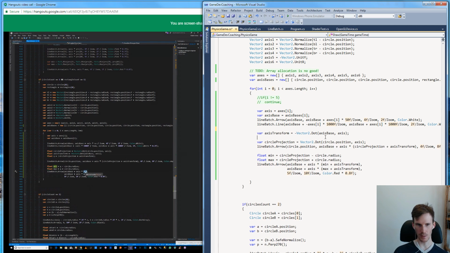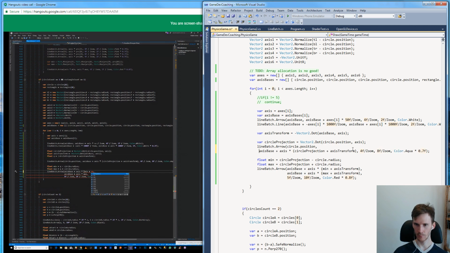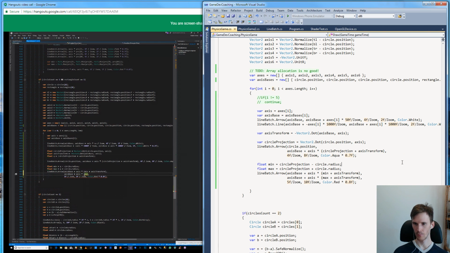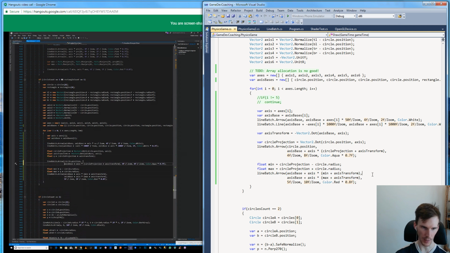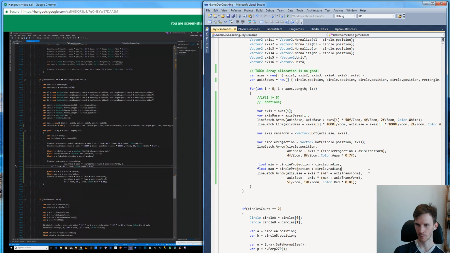So this is just a little bit of algebra. And the reason for this bit of algebra is so that we've got a consistent way of getting a position on an axis that's transformed to a particular axis base.